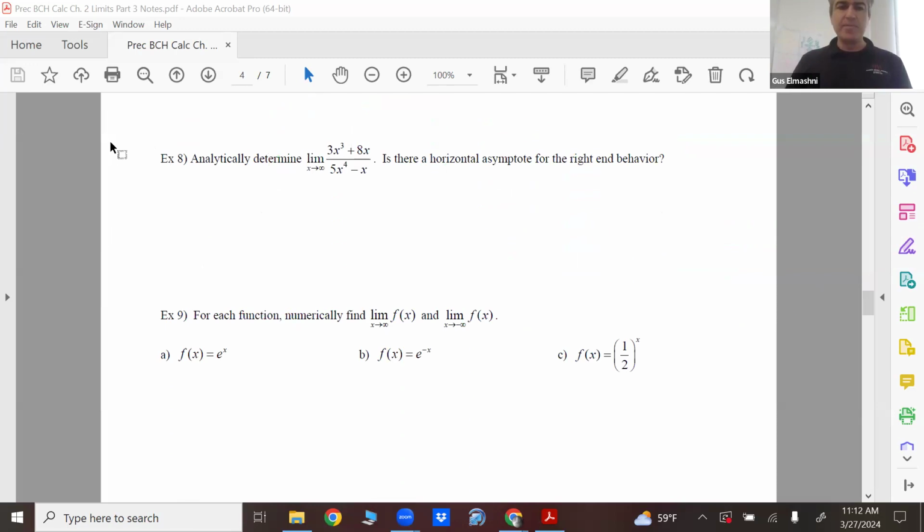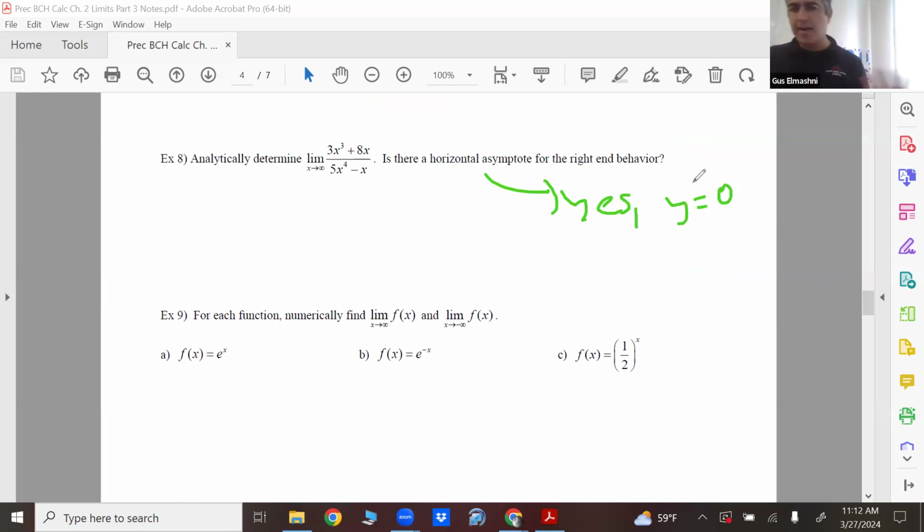Here, I know the answer is 0, and that's just because the bottom has a higher exponent, or higher degree, than the top. But again, you multiply top and bottom by 1 over x.